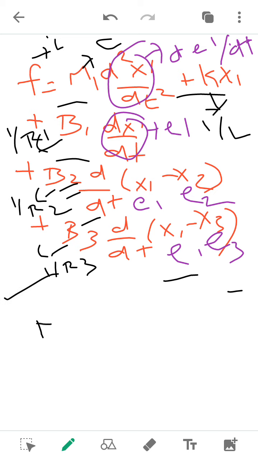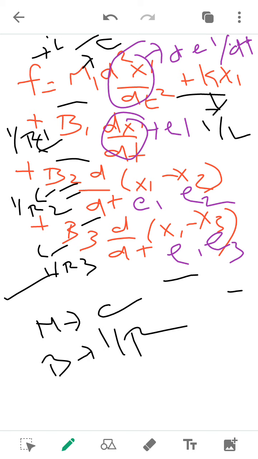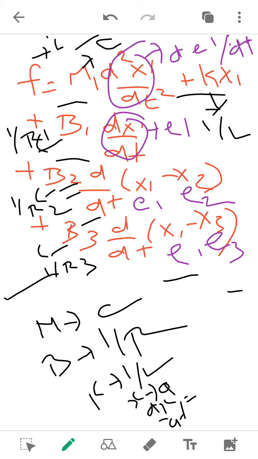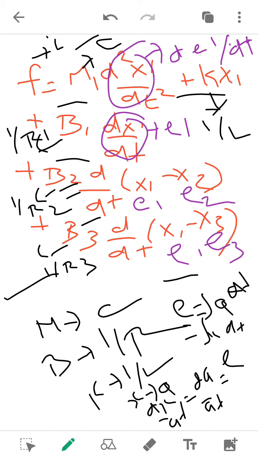We already know that m should be equated to C, then b element should be equated to 1 by R, and then K should be equated to 1 by L. x is equivalent to phi, dx by dt is equal to d phi by dt is equal to E, and phi is the integral of E dt, or x is the integral of dt, like that.